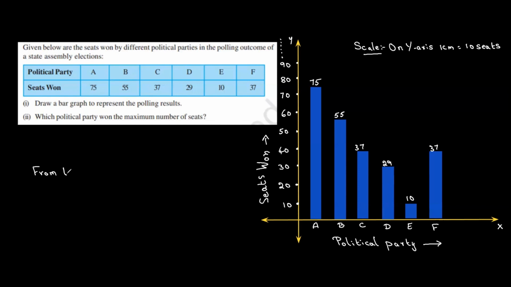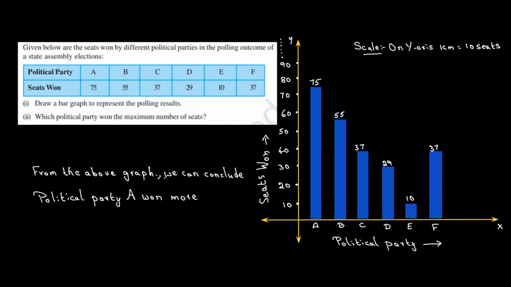So from the above graph, we can conclude that political party A won more number of seats or the maximum seats.